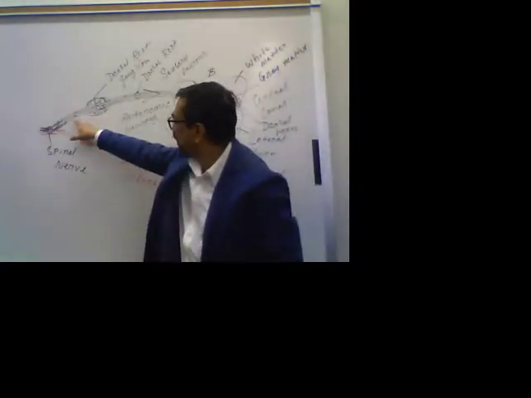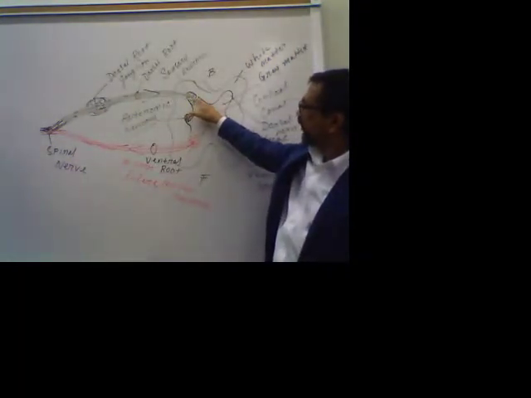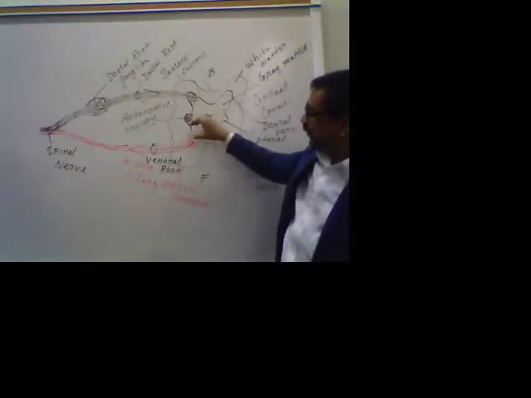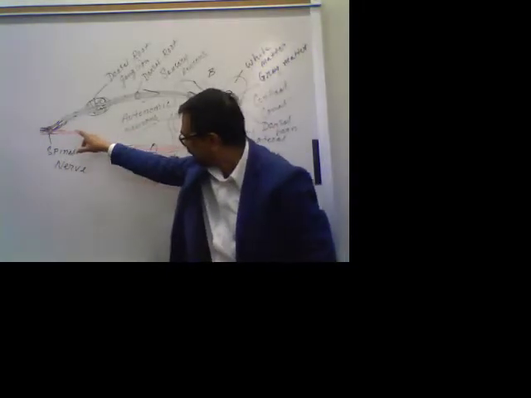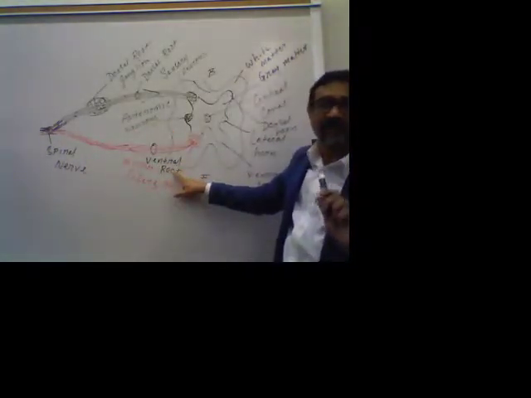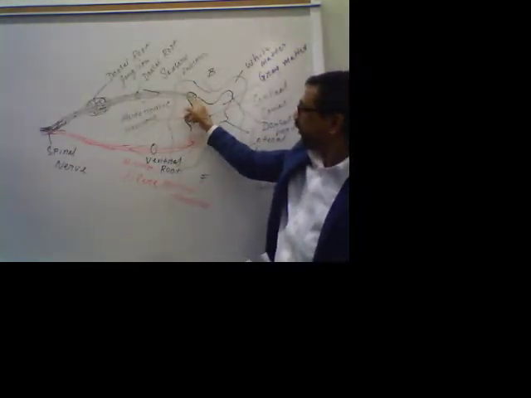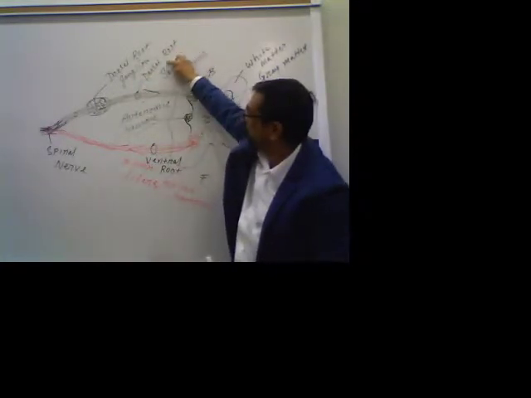And dorsal horn sensory neurons receive the signal from outside. The fibers that take the signal from motor neurons to the outside bundle together to form the ventral root. And the fibers that bring the sensory signal to the sensory neurons bundle together to form what? Dorsal root, right?